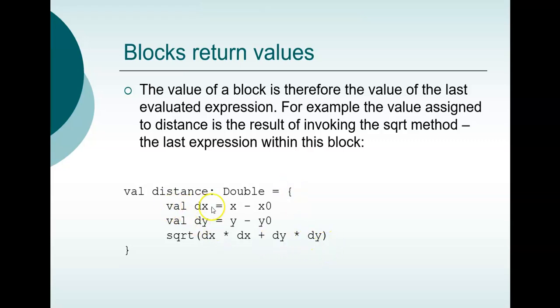Here we define dx to be x minus x0, just an assumption, dy, etc. So the return value is the square root of this expression, and the distance will contain this value. So this block returns the value. The value is the square root of these variables.